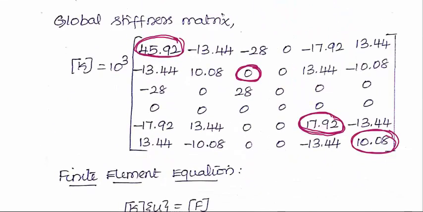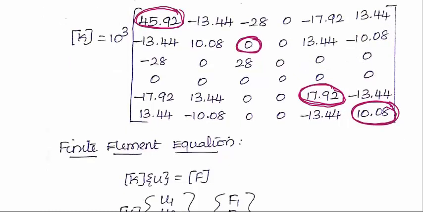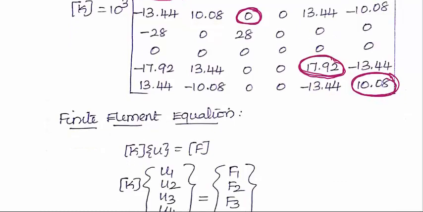So the 6, 6 element of the global stiffness matrix is 10.08. Correspondingly, if we fill in each element of the global stiffness matrix using the elements of the individual stiffness matrices, we can get the global stiffness matrix.